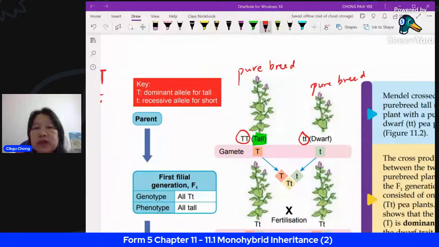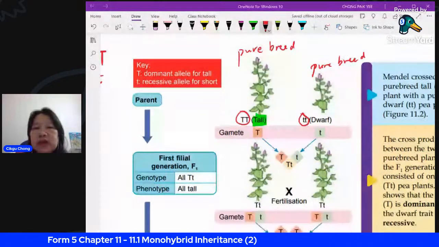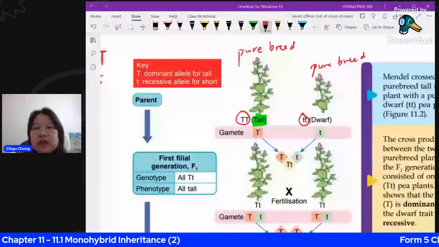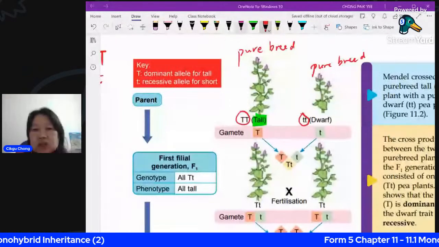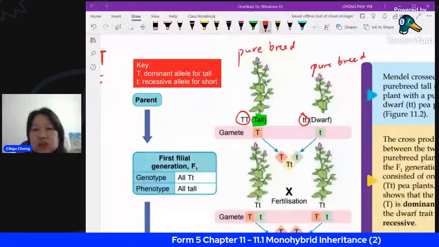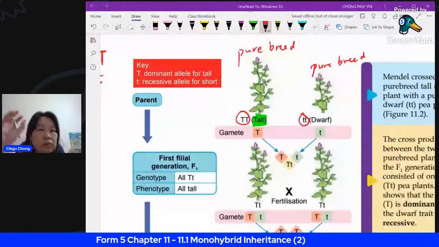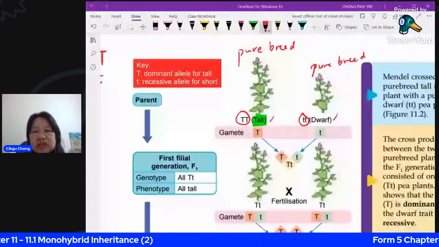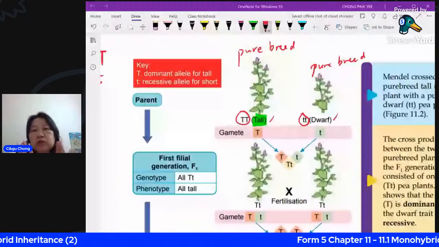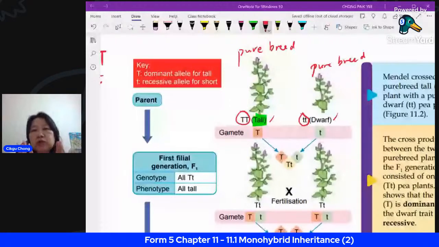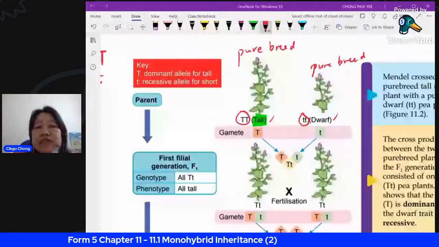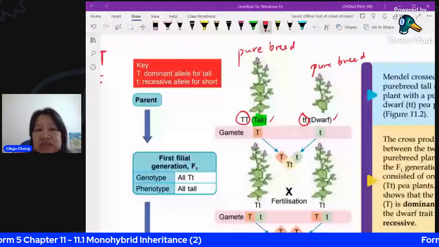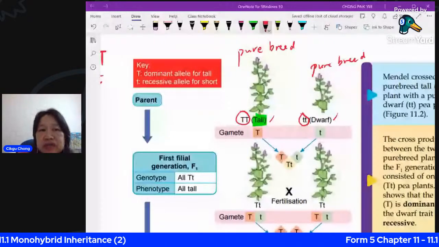Now this is called a monohybrid inheritance because we are only looking at one feature. We're only looking at whether it's tall or short. We're not looking at the flower position at the same time. We don't care where the flower position is. In our investigation, we only want to investigate the inheritance for tall and short. So mono means one feature only, one characteristic we are investigating. Monohybrid inheritance refers to inheritance of one character.